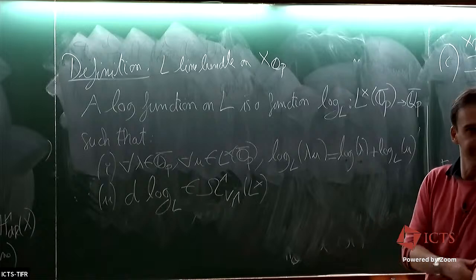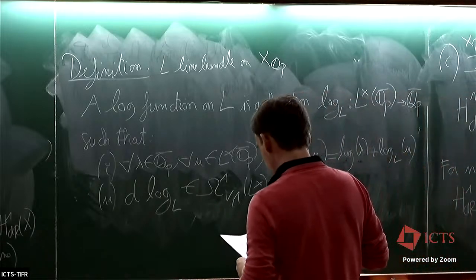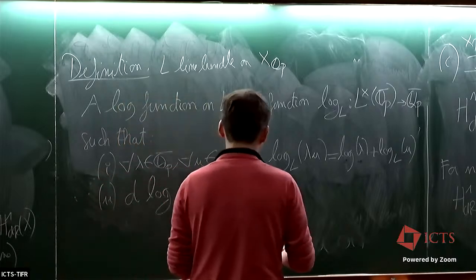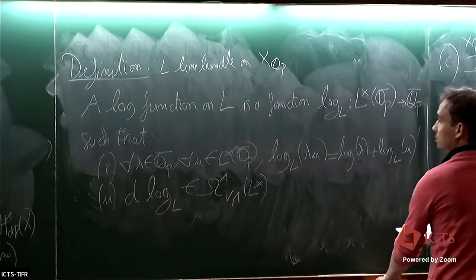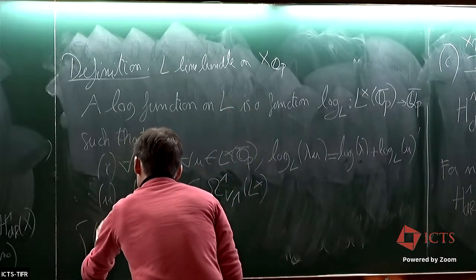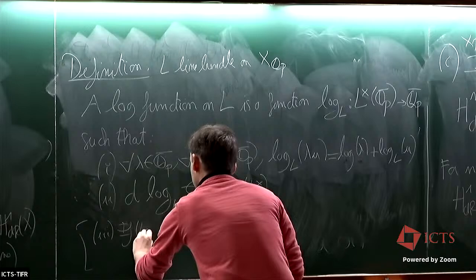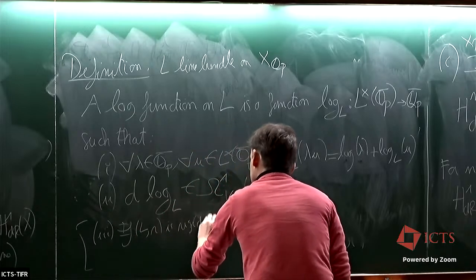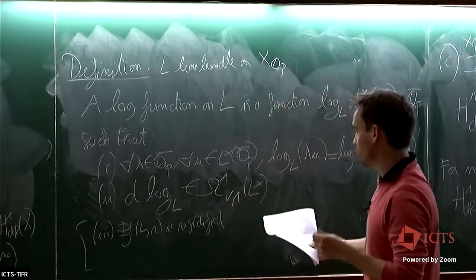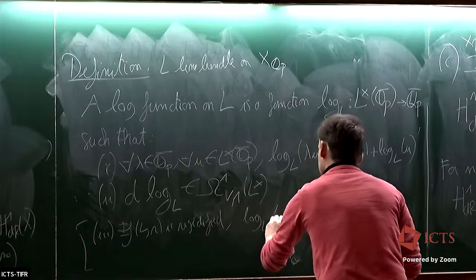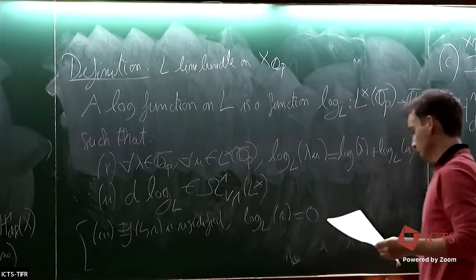What does it look like here? Maybe here I should say we also want L to be rigidified. Again, we want R to base our value on R: log L of R is equal to 0.